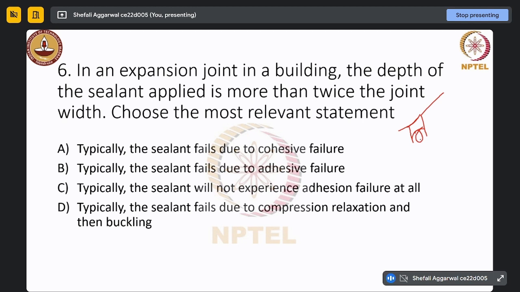So if this depth is more than twice the joint width, this is the width, then what kind of failure can there be? It can cause cohesive failure, adhesive failure, or the sealant will not experience adhesion failure at all, or it will fail due to compression relaxation and then buckling.